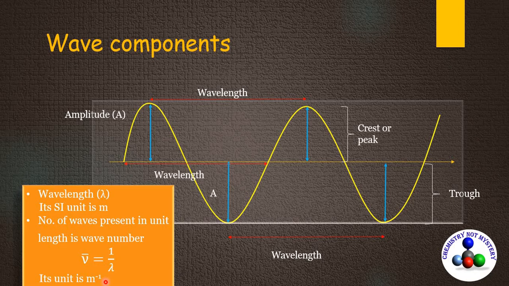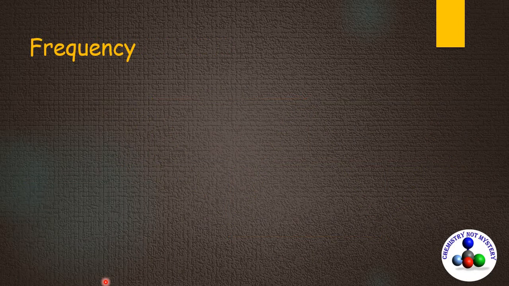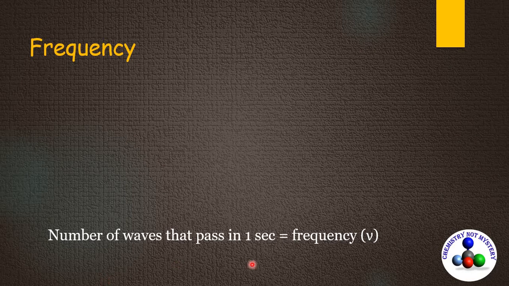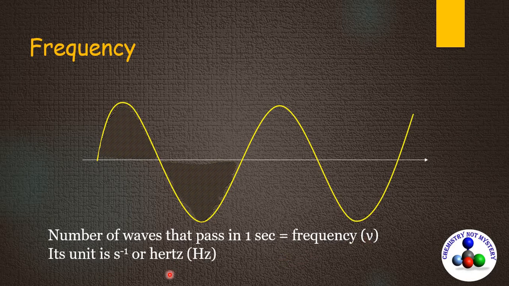Another characteristic of wave is frequency. It is represented by nu. It is the number of waves that pass in a second. The SI unit of frequency is second inverse, or the other unit is hertz. So you have learned all about the different components of waves.